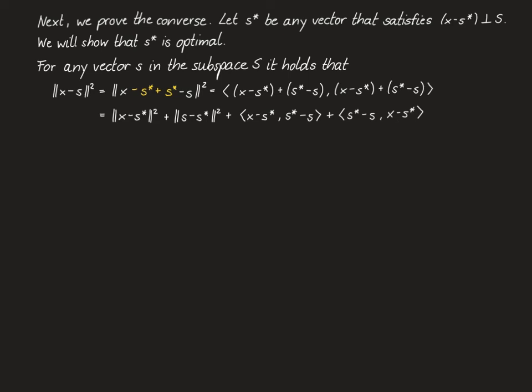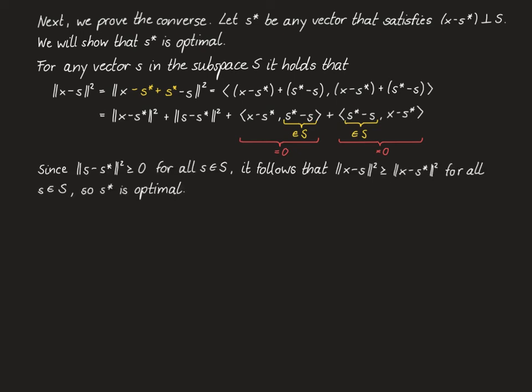Now notice that since S star and S are both elements of the subspace S, this vector and this vector are both vectors in S, and by assumption x minus S star is orthogonal to any vector in S, so therefore these 2 inner products have to be equal to 0.